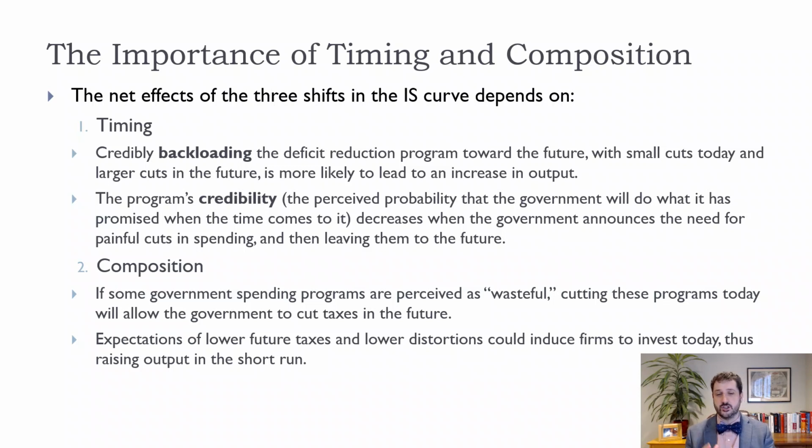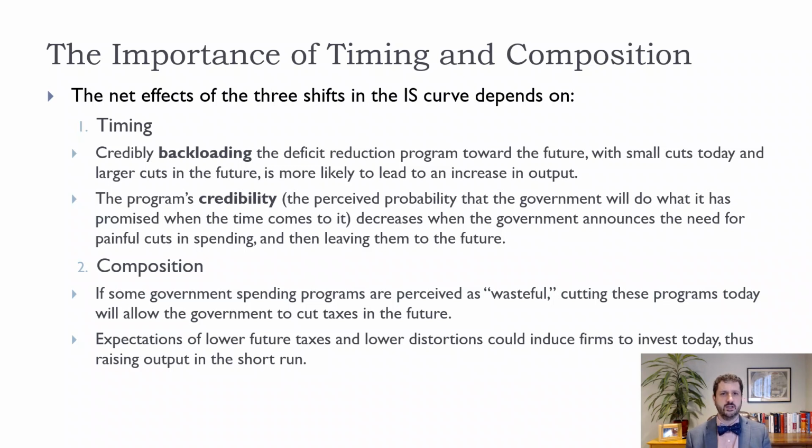Obviously, the composition of what you cut is going to be important. So if there are government programs that are wasteful, cutting those would be better than cutting government programs that are productive. If we think about the most productive government programs, it's going to be things that increase investment, increase human capital, so education, roads, any kind of infrastructure, the electrical grid.